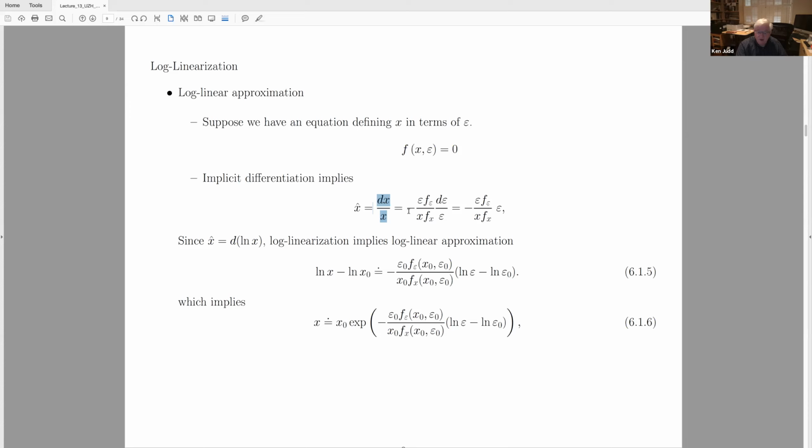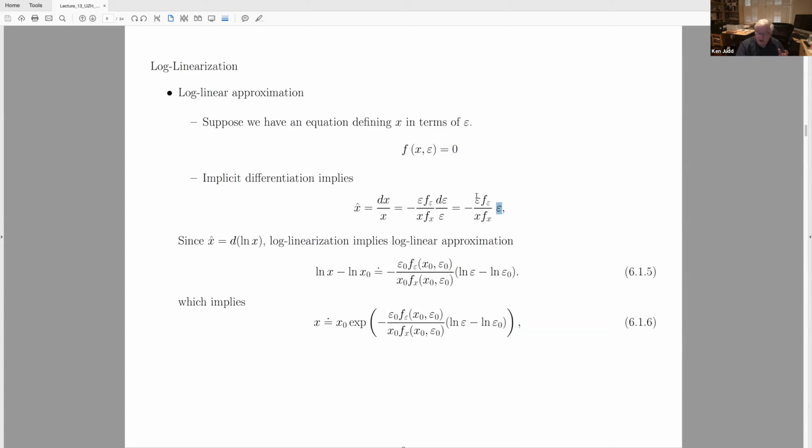And that turns out to be equal, by implicit differentiation, to this expression, which equals this, and this should be epsilon hat. Sorry. So basically x hat here equals this expression times epsilon hat.